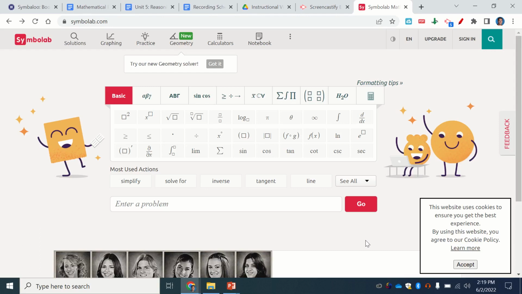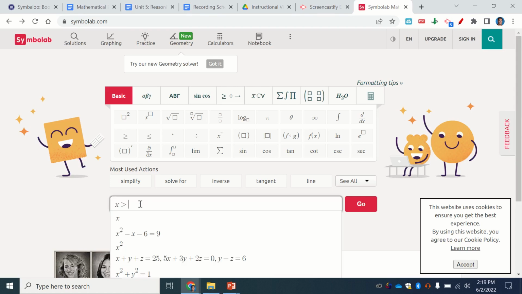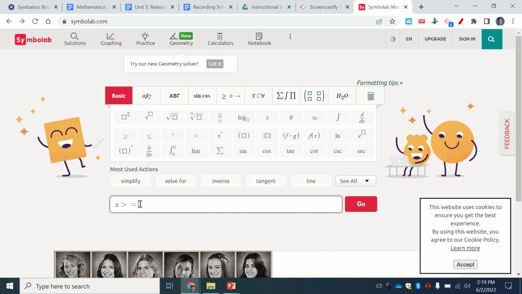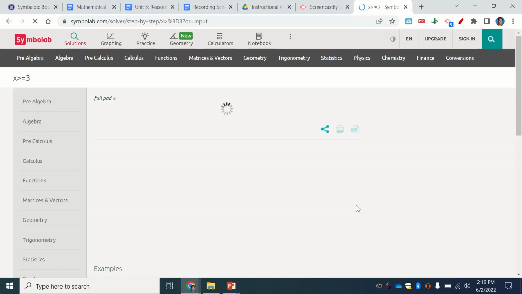Let's take a look now at how we can use Symbolab to check our work when dealing with plotting inequalities on the real number line. So we're going to go ahead and place in our box what we want to plot. So let's say we have x is greater than or equal to 3. So we can go ahead and put it in like that, and we go ahead and click go.